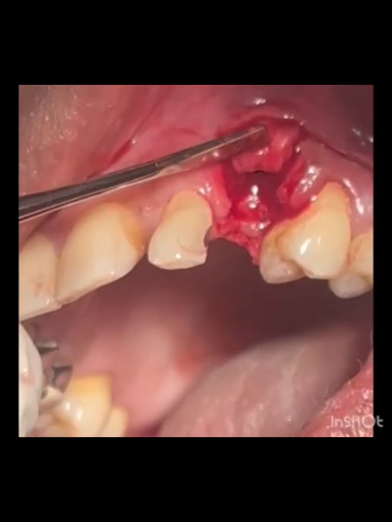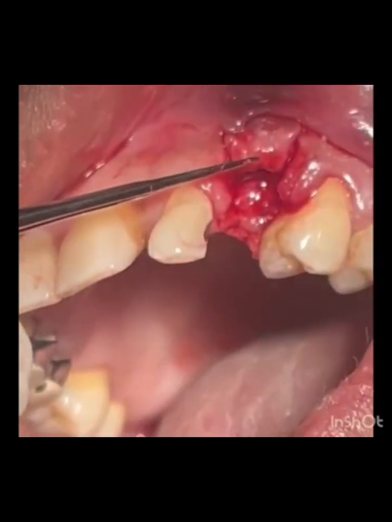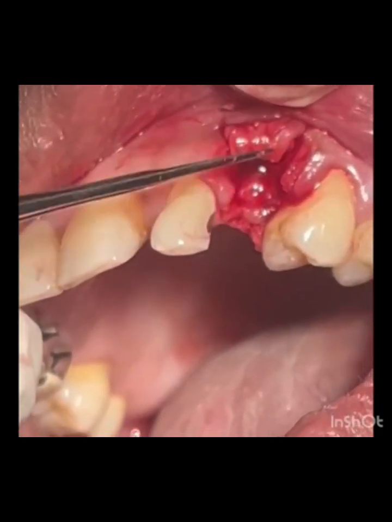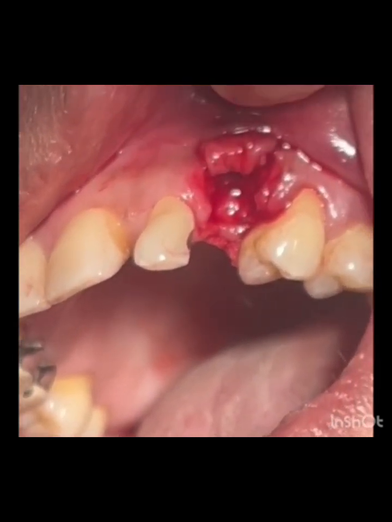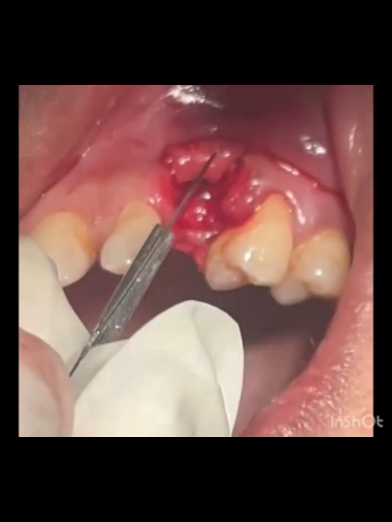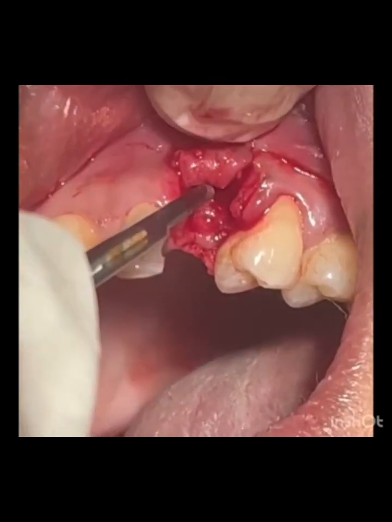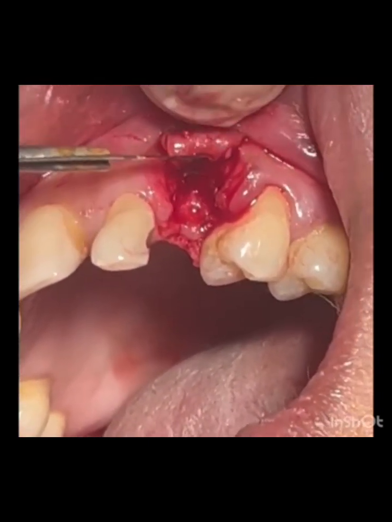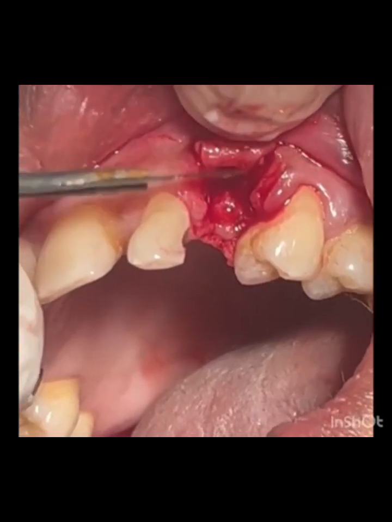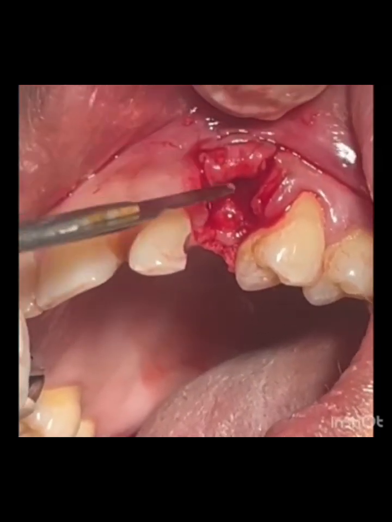Now this tissue can be utilized to roll inside, and eventually we can have a thicker crestal peri-implant mucosal region like this.